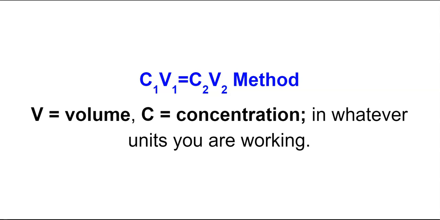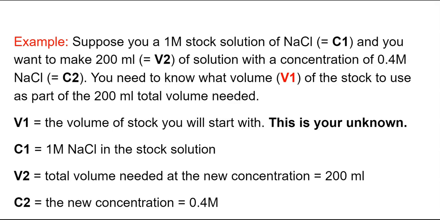So let's take a look at this question. So again, we're working with sodium chloride in this example. So let's say we have a 1 molar stock solution of sodium chloride. That's going to be my C1. And you want 200 milliliters of a solution with a concentration of 0.4 molar NaCl. So that's my C2. So really what I'm looking for is how much of that stock am I going to use to make that total volume.